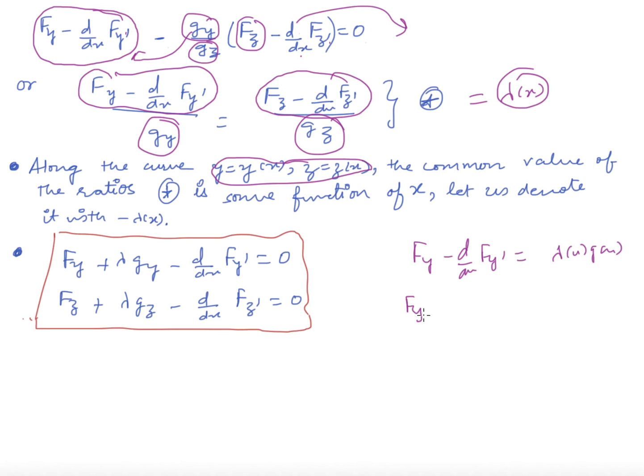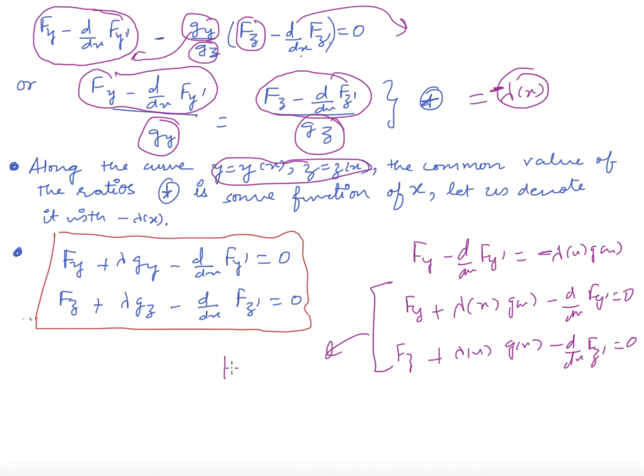So that is fy plus, call it minus lambda of x, okay, because you have a negative sign here. That will be fy plus lambda of x gy minus d/dx of fy dash is equal to 0, and similarly fz plus lambda of x gz minus d/dx of fz dash is equal to 0. So these are the Euler equations in the case of finite subsidiary conditions.